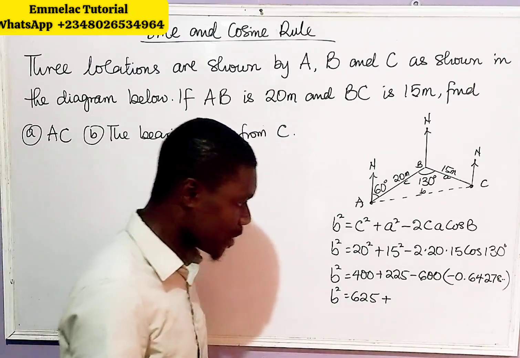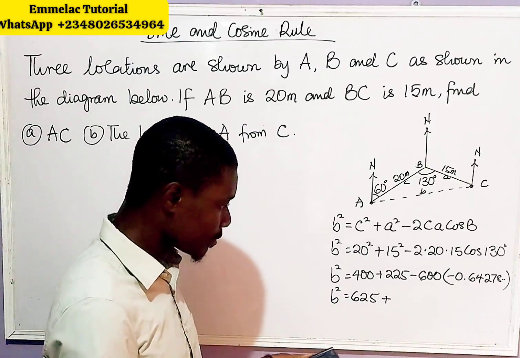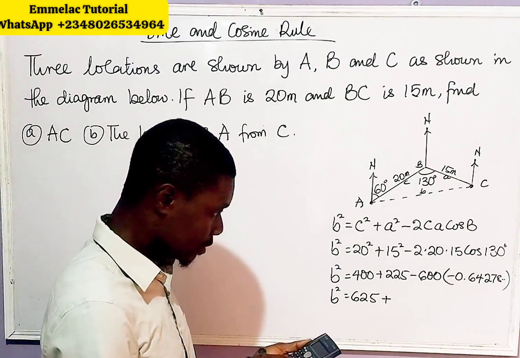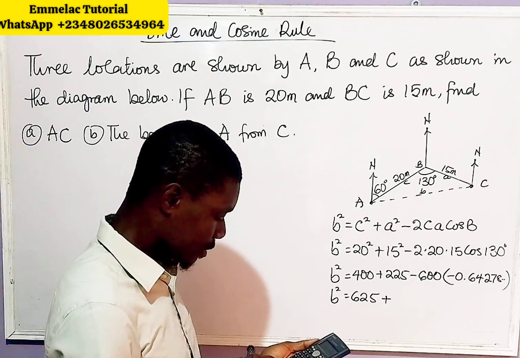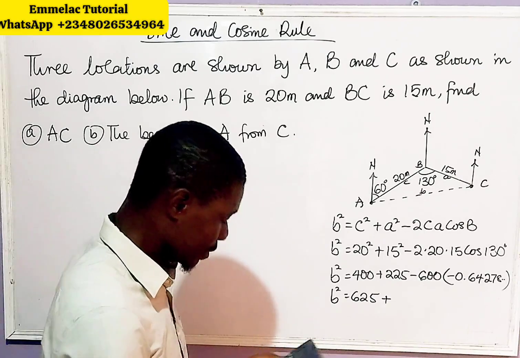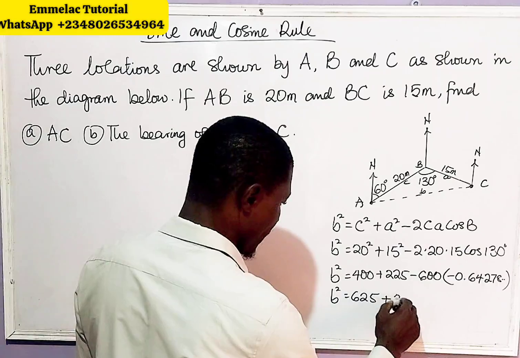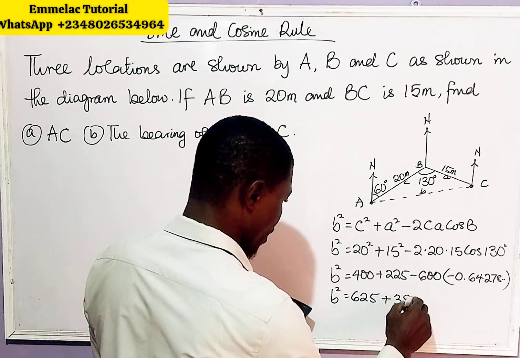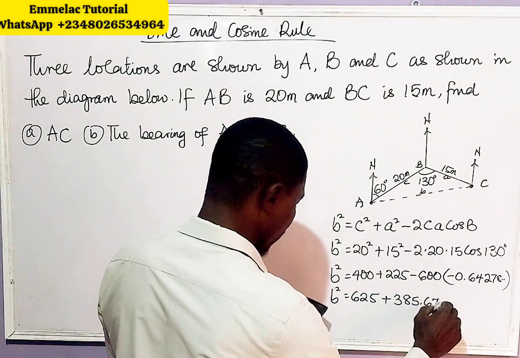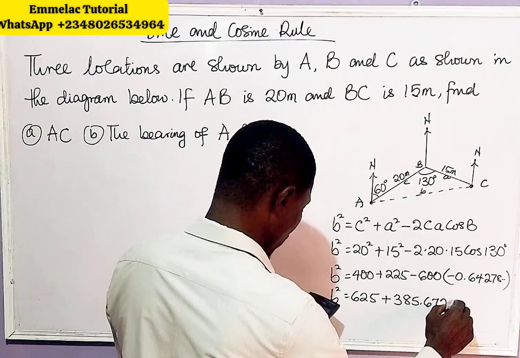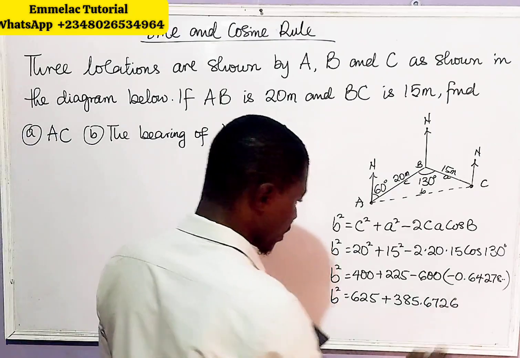Okay, so here we have 600 times 0.64278, that will give us plus 385.6726.